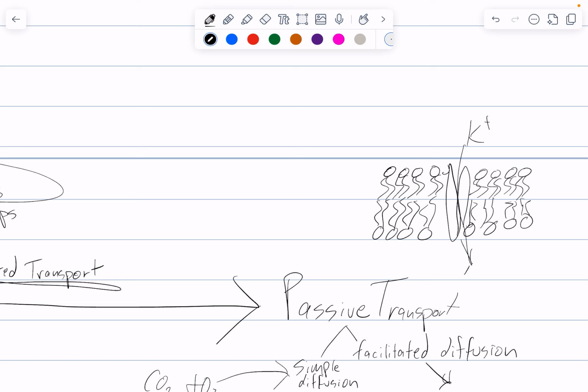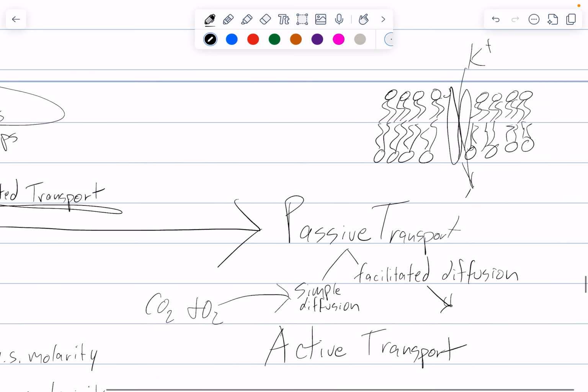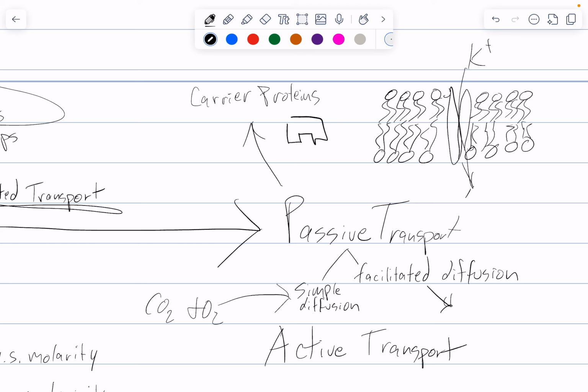There are also, with passive transport, carrier proteins. So these carrier proteins can open when something attaches. So say we have a gate kind of object here.